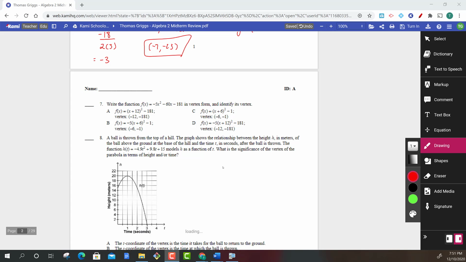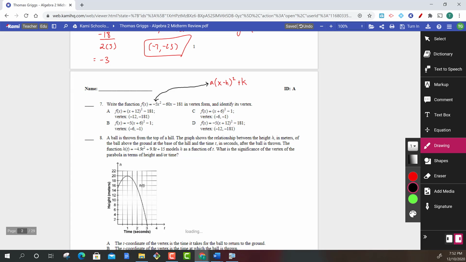So again, this problem is pretty similar. We are finding the vertex. I'm not going to go through the steps again to find the vertex because it's exactly the same as the previous problem. They're then inserting it into vertex form. So one thing to remember, this is vertex form, and the one thing vertex form has in common with standard form is they both have an a value.